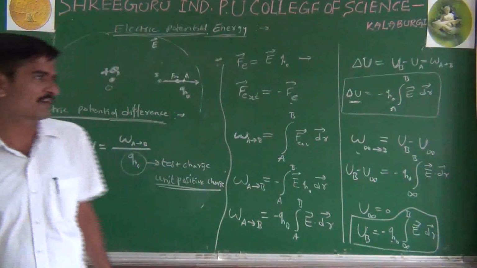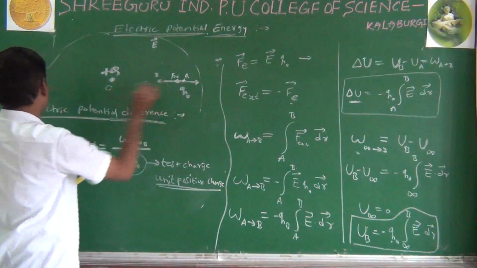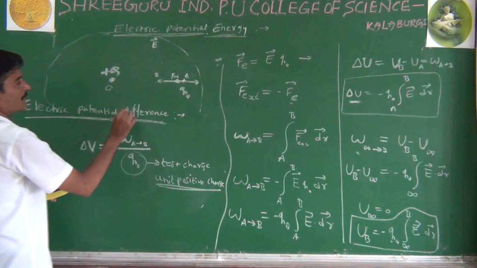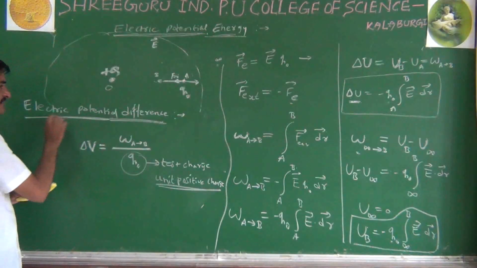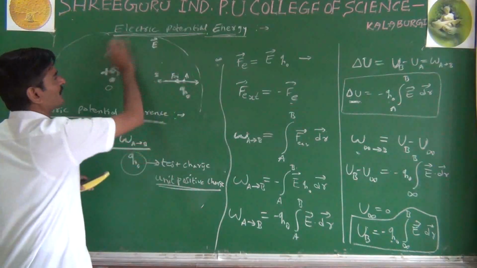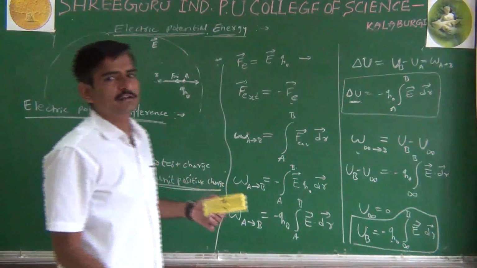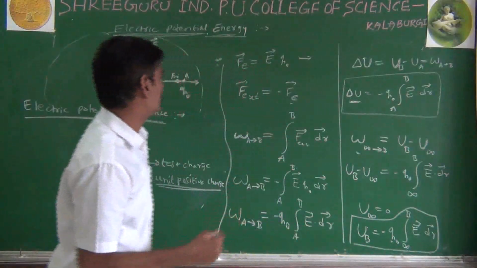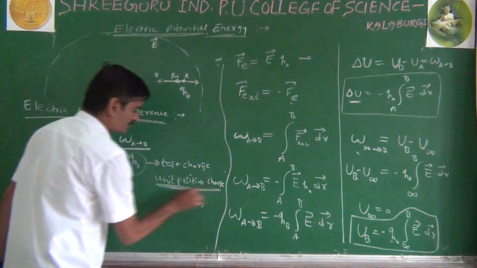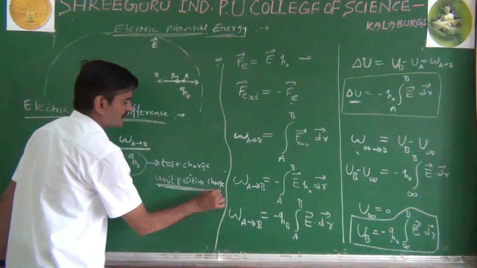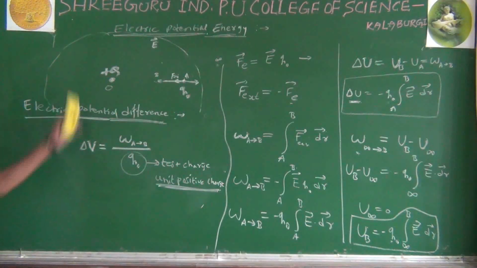Definitions I am telling different. Electric potential difference between the 2 points in an electric field is defined as the work done in moving a unit positive charge, not test charge, unit positive charge, from one point to another point against the electric field of the source charge.